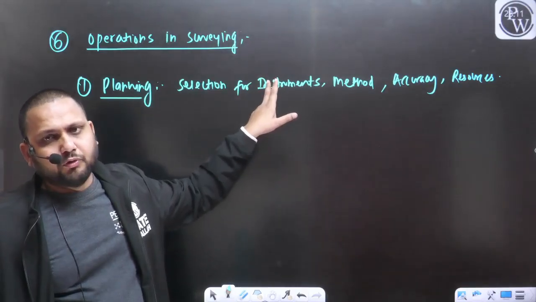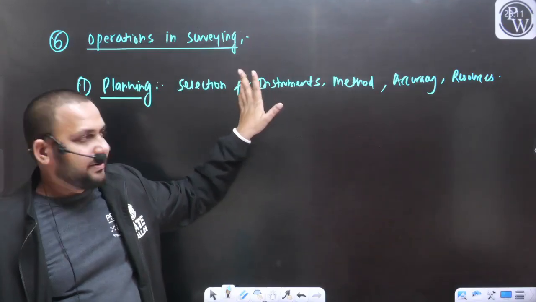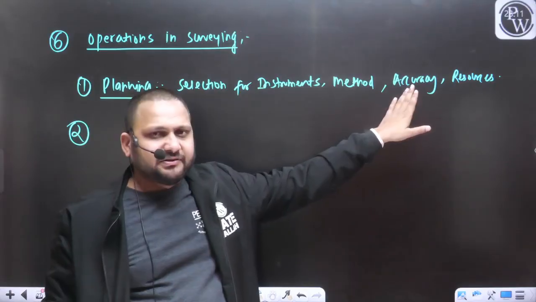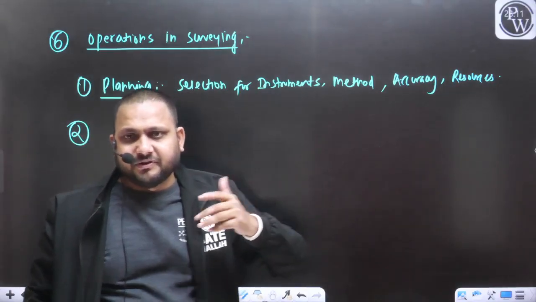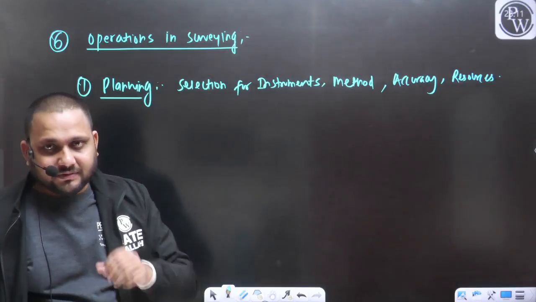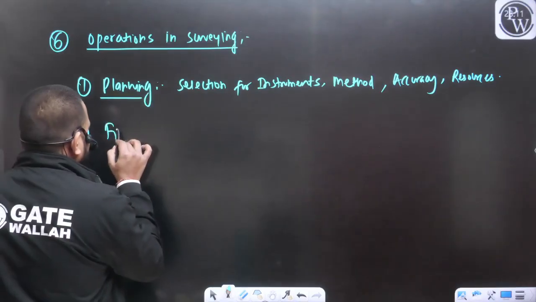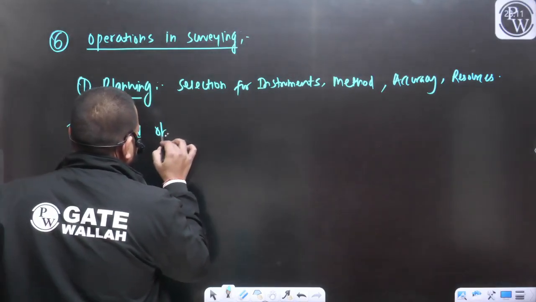I am going to use the compass for the angular measurement. I will follow the traverse method. I have sufficient time. Yes, we need to execute. So can I say the next operation is going to be the field measurement?